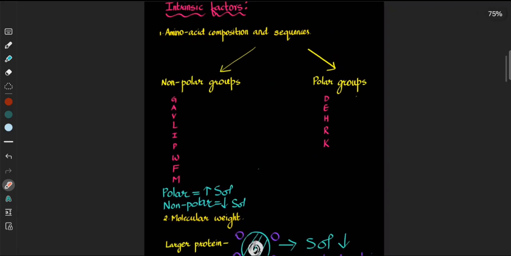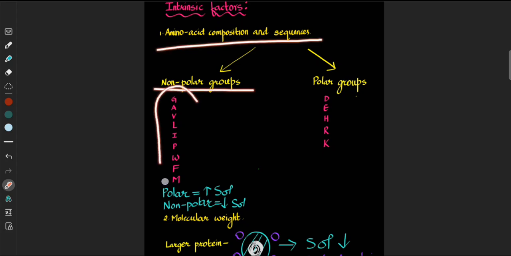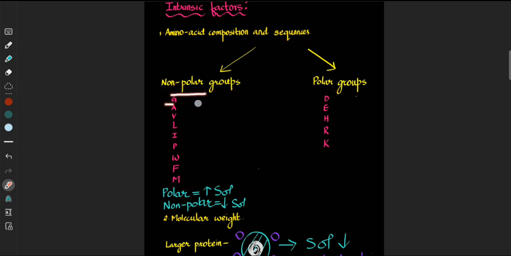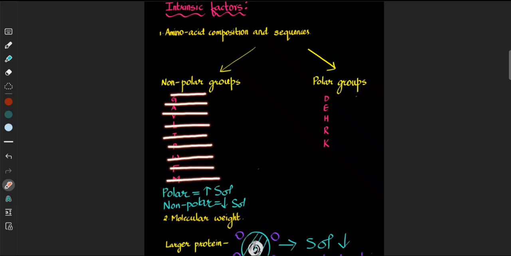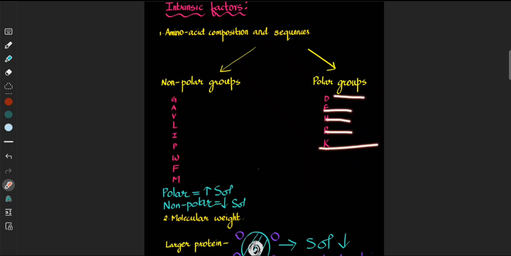And then we have amino acid composition, non-polar groups. You can just remember this code. And then over here polar groups. So 1 2 3 4 5 6 7 8 9, right? 1 2 3 4 5.